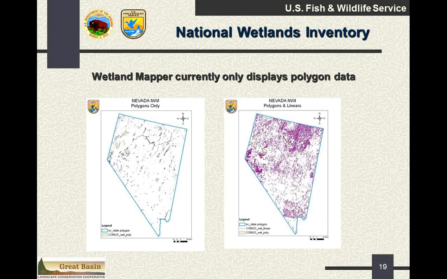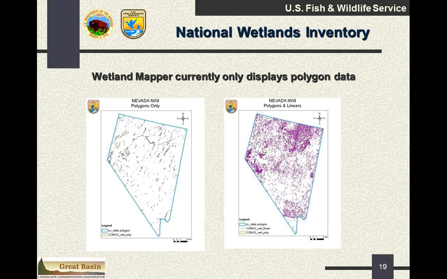If you look on the right, you see what it would look like if we actually added in all the existing digital linears we have, which would be more of your riparian type wetland habitats, the wetland and the upland riparian portion.